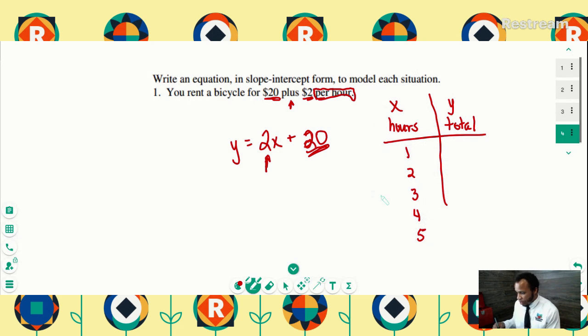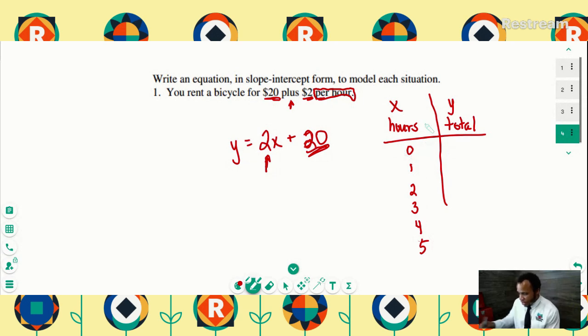And actually I put 0 on here also. So we got 0, 1, 2, 3, 4, 5.